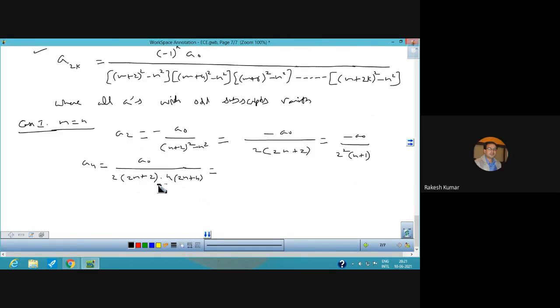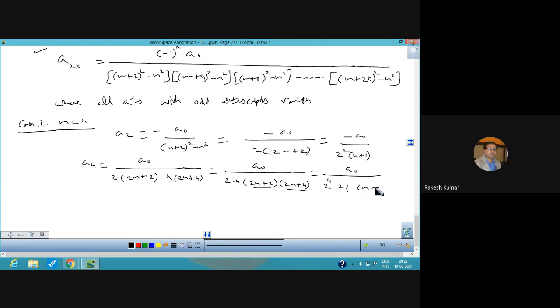So by this formula we have this, and you just see a naught as it is, and here you will have 2 into 4, 2n plus 2 into 2n plus 4. Now this is the resultant. Now you can take 2 common. 2 यहाँ से भी कॉमन आ जाएगा और यहाँ से भी कॉमन, so it comes out to be 2 raised to power 4 into 2 factorial.